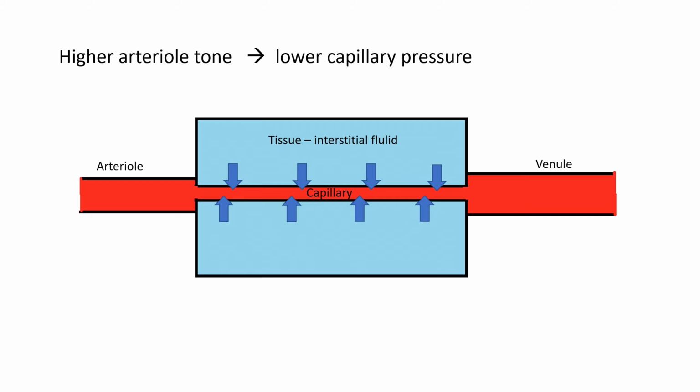In the first diagram, I've represented a state of high or higher arterial tone, which means that there is a greater resistance to blood flow through those arterioles.